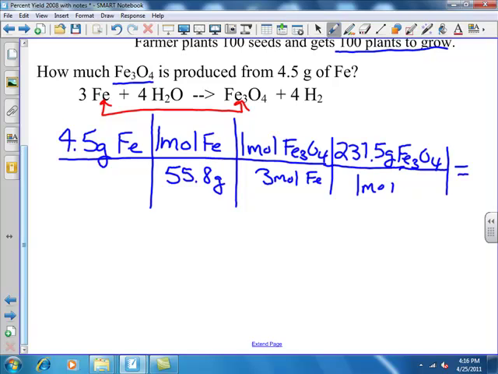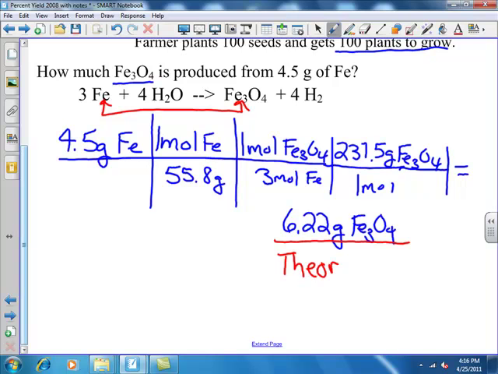Okay, and if we do all the math, and I want you to do the math just to check, what we get is 6.22 grams of Fe3O4. So first of all, this is just a straight mass-to-mass calculation, but this 6.22 is the theoretical yield.